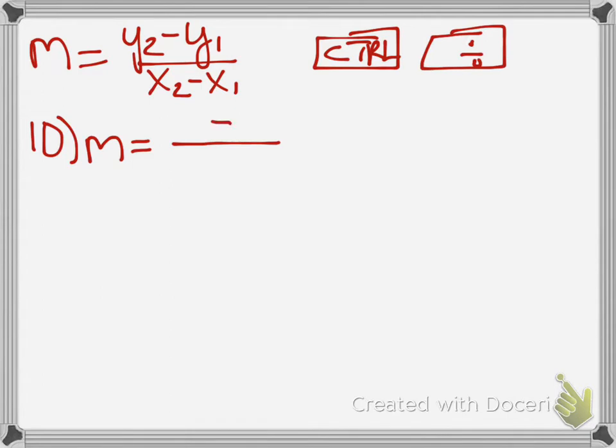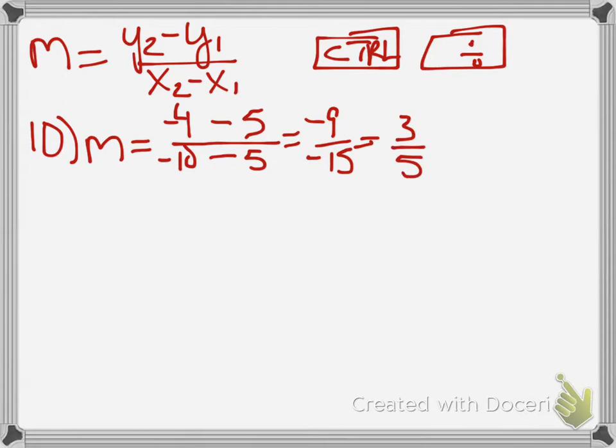So you could put in there negative 4 minus 5, and then negative 10 minus 5, and that would get you negative 9 over negative 15, which would be 3/5. So you should have 3/5 as an answer, and then you could go from there.